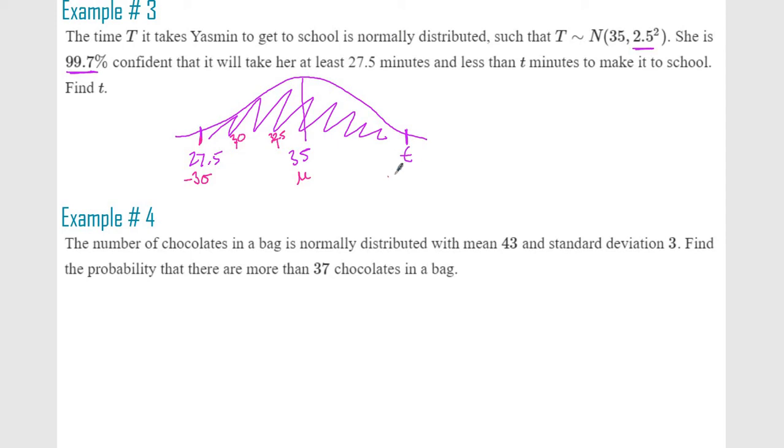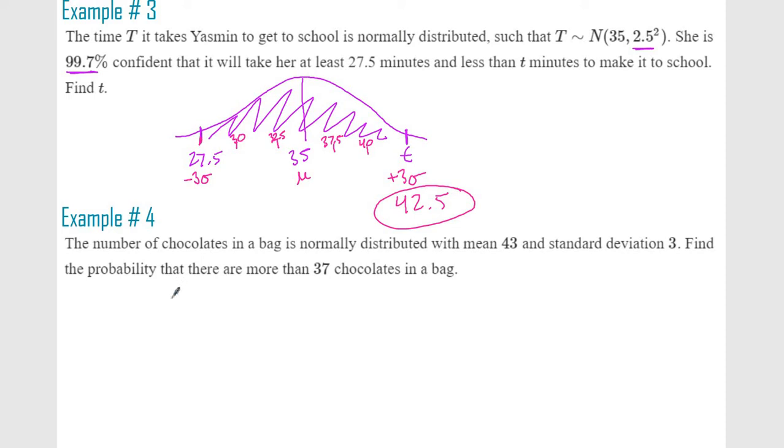So therefore, we need to go the opposite direction to get the other end of the interval, because within 3 standard deviations is 99.7% probability. So add your 2.5, we get 37.5, we get 40, and then we get 42.5. There you go.